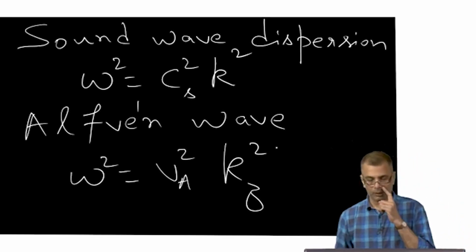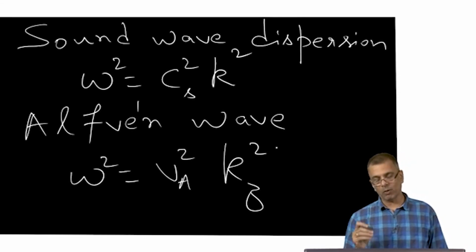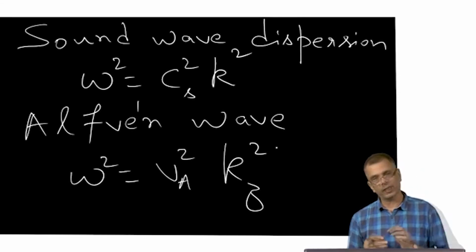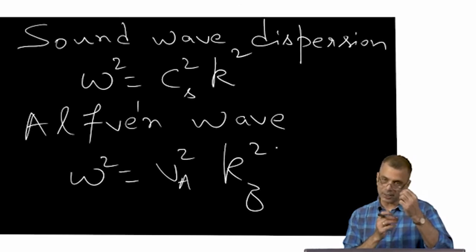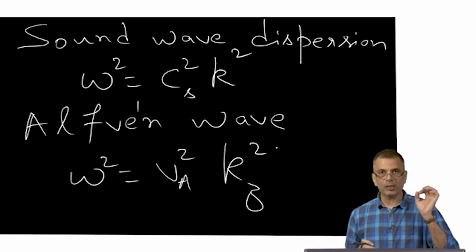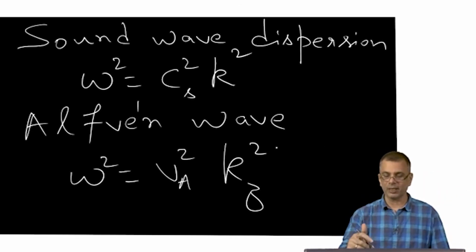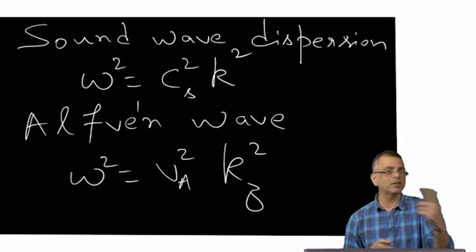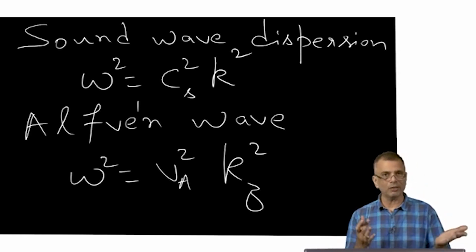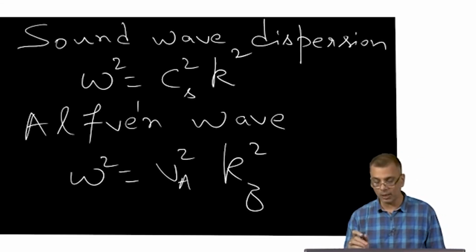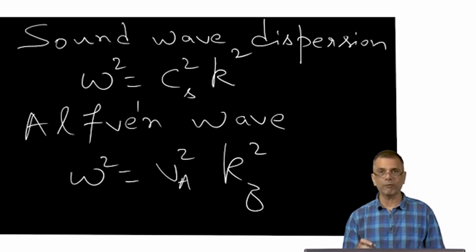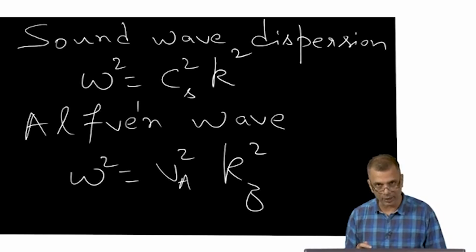Very important. Okay. First of all, the whole point is that the Alfvén wave is like a transverse wave on a string, and the string is the magnetic field. So, the appearance of a magnetic field breaks the symmetry. Here the k is the same in all directions, you see. There is nothing to distinguish one direction from the other. Here the presence of a magnetic field immediately sets a preferred direction.